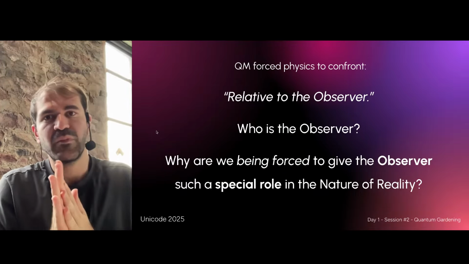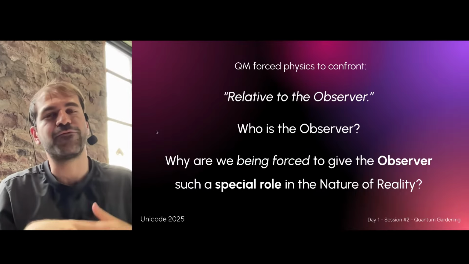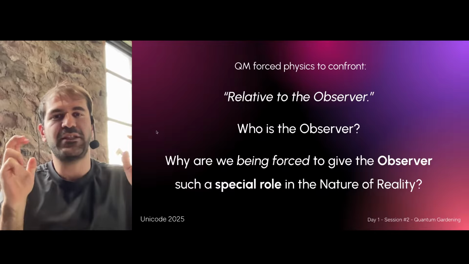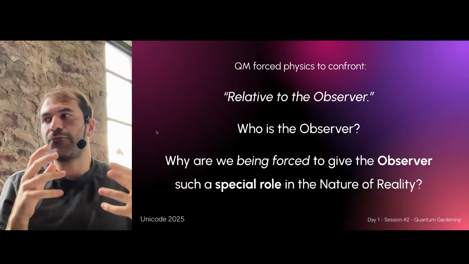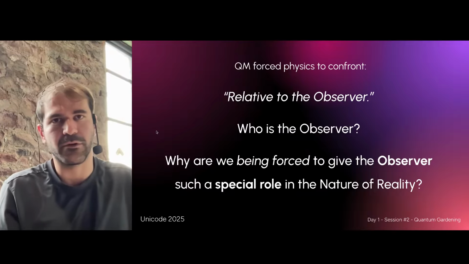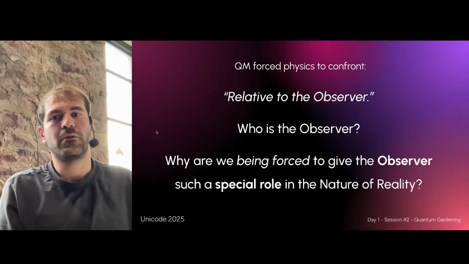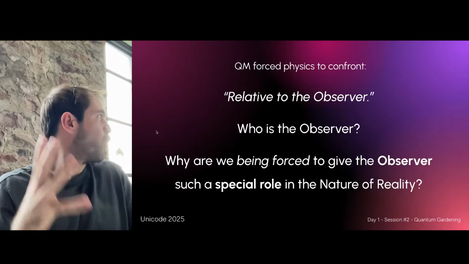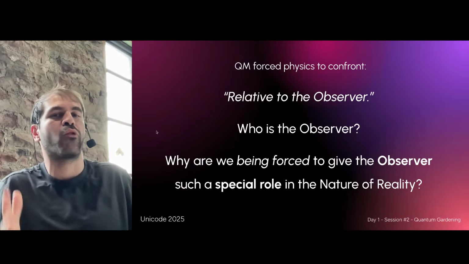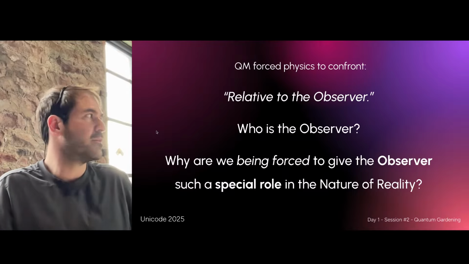So, quantum mechanics forced physics to confront relative to the observer. It forced physics to confront who is the observer. Why are we being forced to give the observer such a special role in the nature of reality?